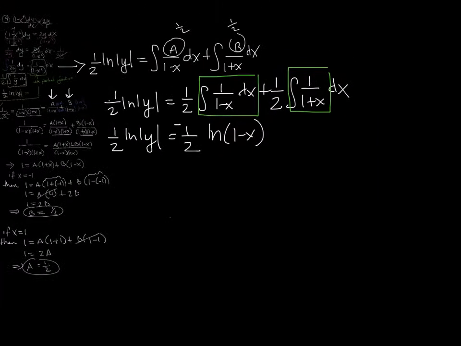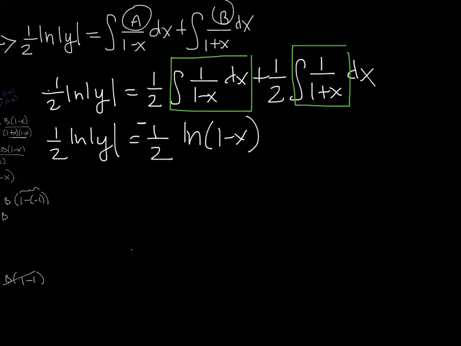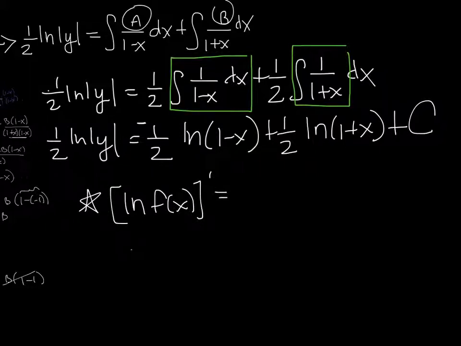And I'll explain that in just a second. And then I have plus 1/2 times ln of 1 plus x, plus our constant of integration. So what I'm using is, we know that if we take the derivative of ln of f of x, that is f prime of x over f of x.